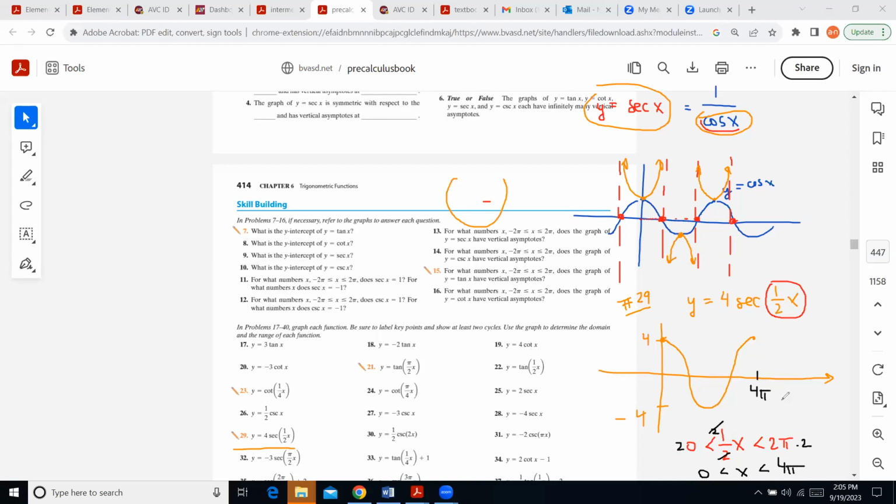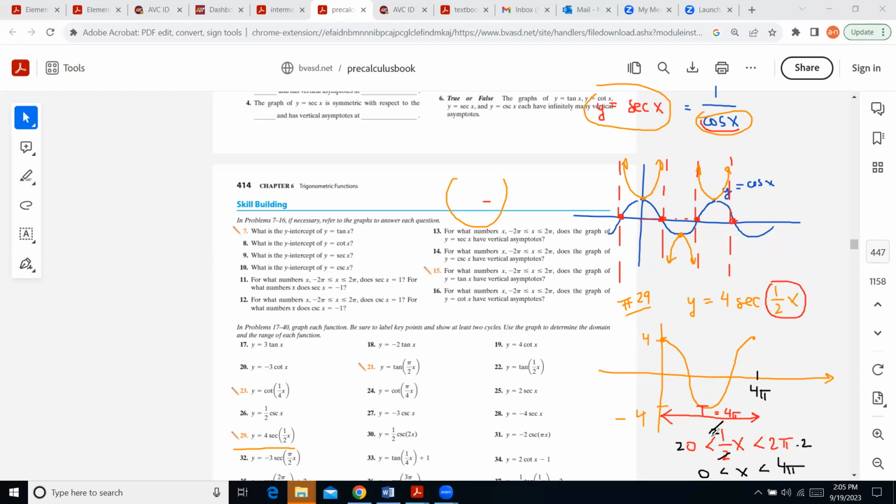And that's why this value on the right is 4 pi. In other words, people say the period of this function is 4 pi. Sometimes they mark period with a letter T. That's a popular notation that you can also see in this textbook.